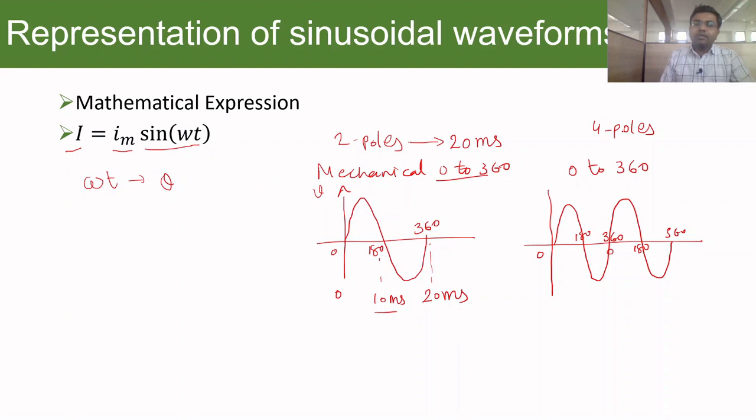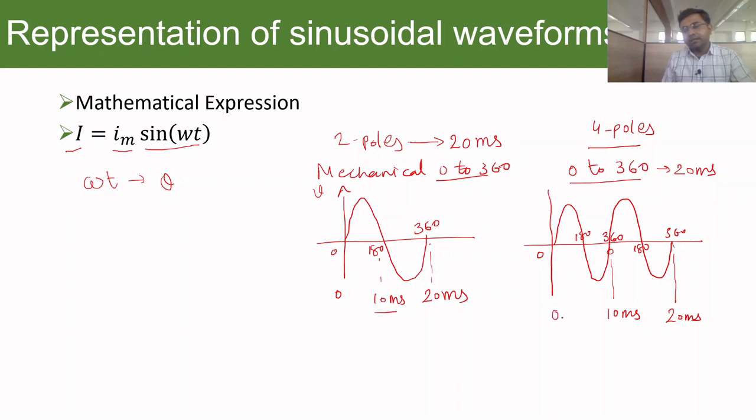Say for example in this four pole machine, if my mechanical angle changes from 0 to 360 in 20 milliseconds, then in this case one cycle will take 10 milliseconds. In this way we will have a difference in the timing.